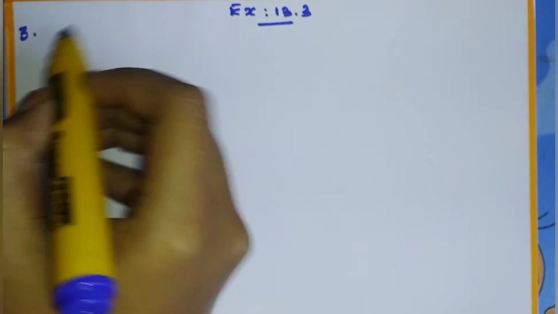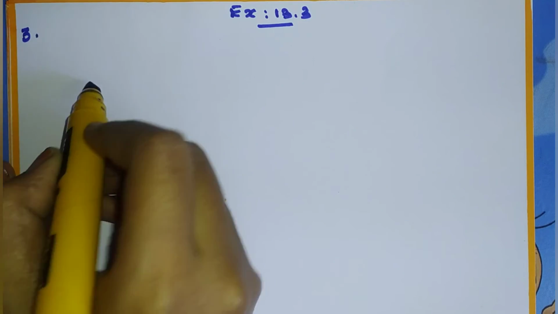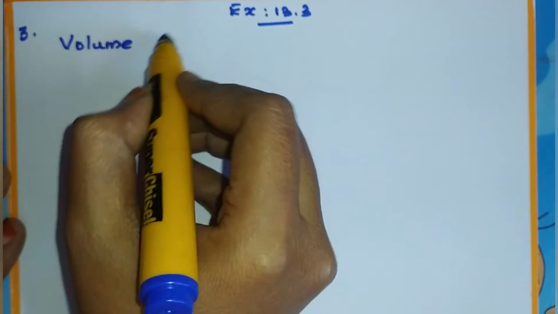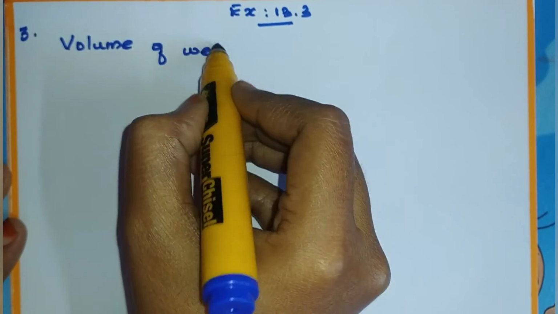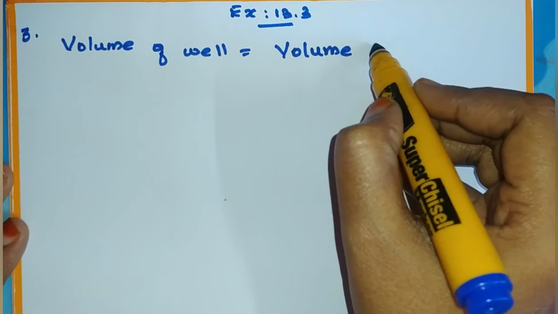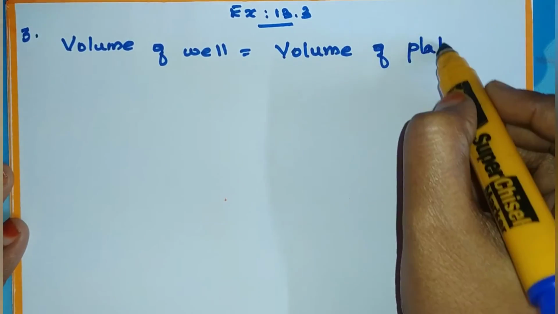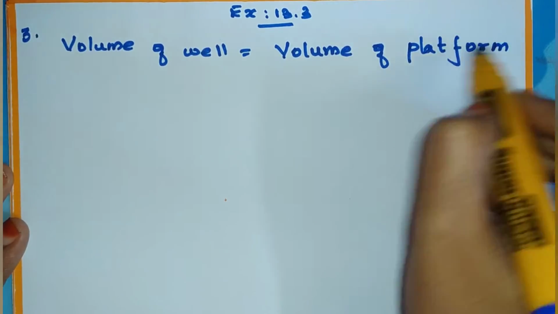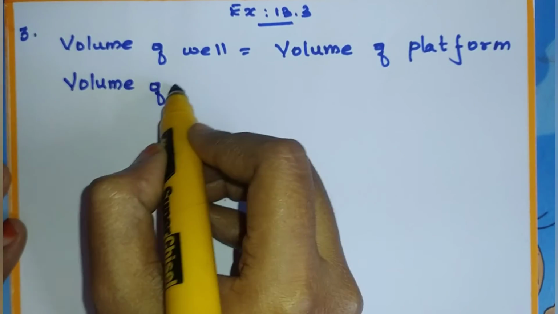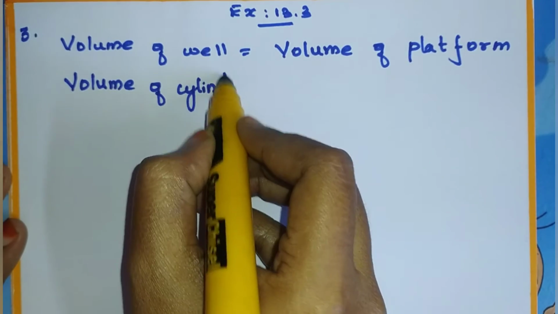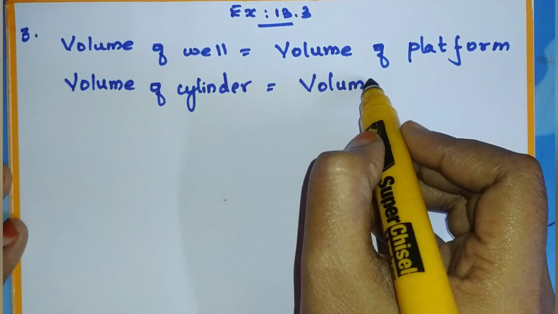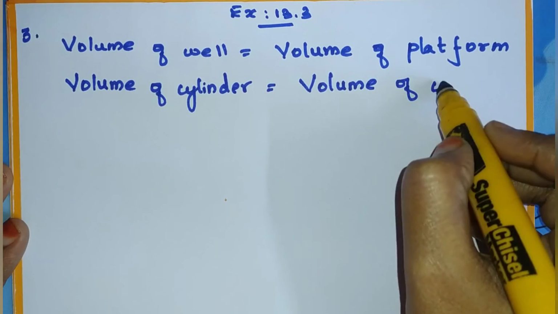So now compare which one we have to compare, well and the platform. Volume of well is equal to volume of platform. So the well is in the shape of a cylinder, so volume of cylinder is equal to volume of platform in the shape of a cuboid.